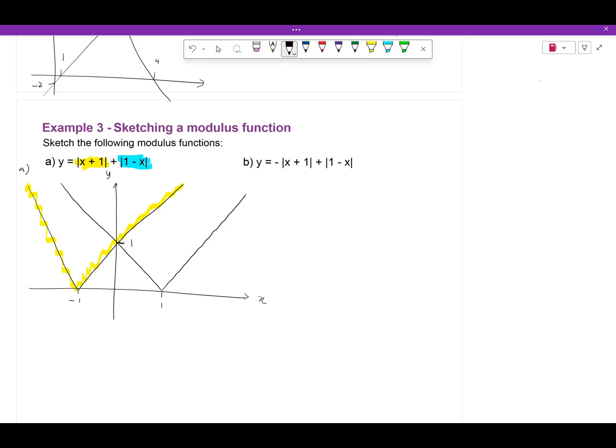这一个时候我们就要看了 yellow plus blue. 我们要找出来比较特别的点是哪里。Here's the interesting one.